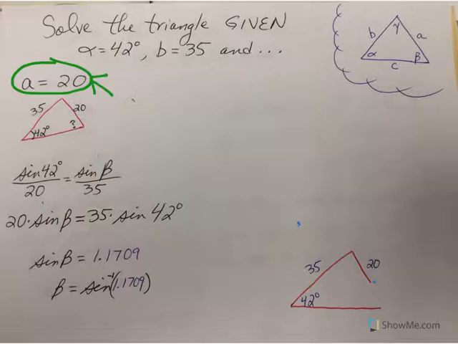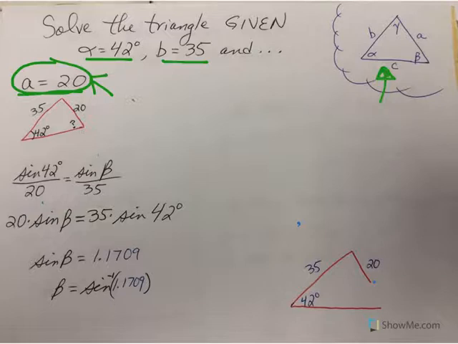First of all, I want you to notice the directions. It says solve the triangle, and then three bits of information are given: an angle, a side, and a side. No matter what's given in the problem, I always make a little diagram to remind myself if this is a side-angle-side or a side-side-angle situation. In the upper right hand corner, this is the model that you use.